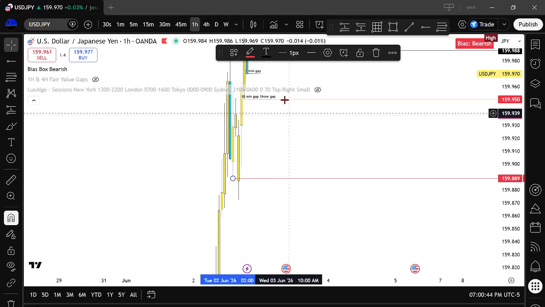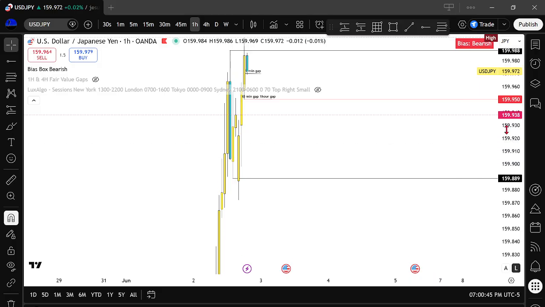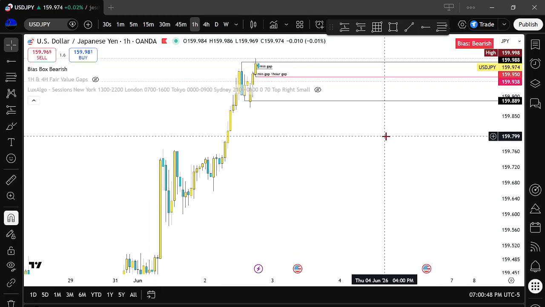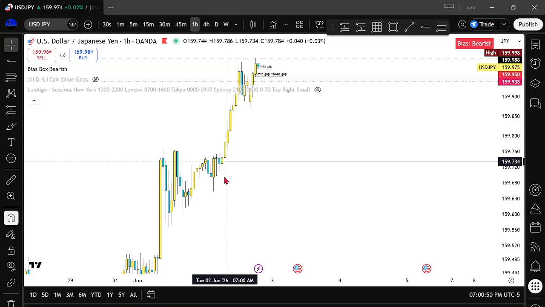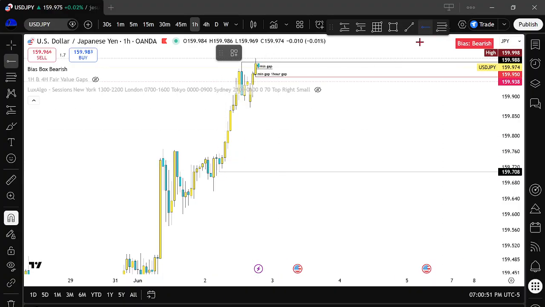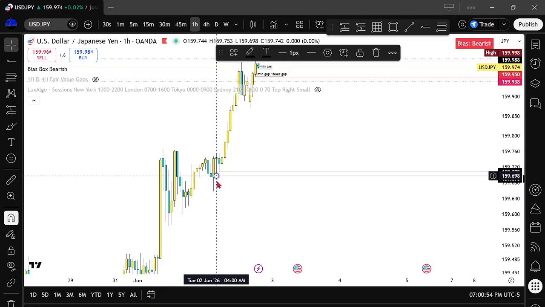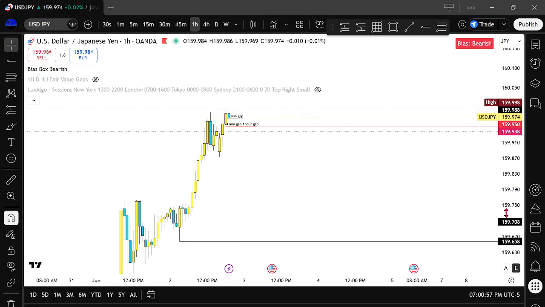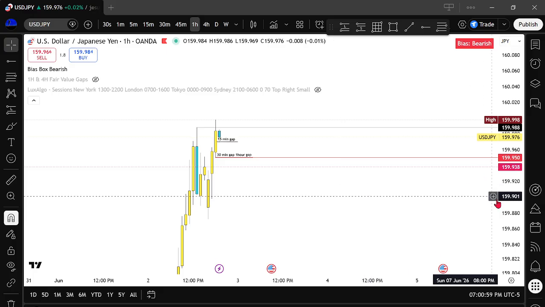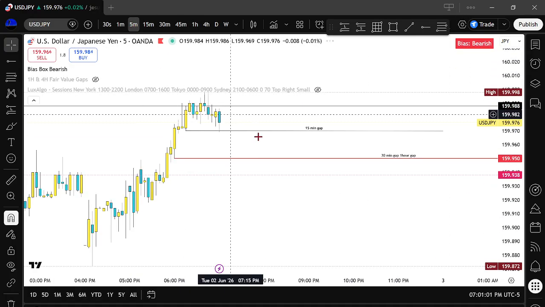There's that there, but that was already taken out, so it's kind of hard to say. My next thought would be this low resistance liquidity here is the next possible target, but that won't be until a different day. But yeah, for now this gap is mainly my target, being at these hourly highs.